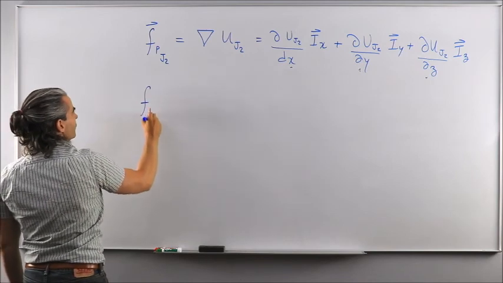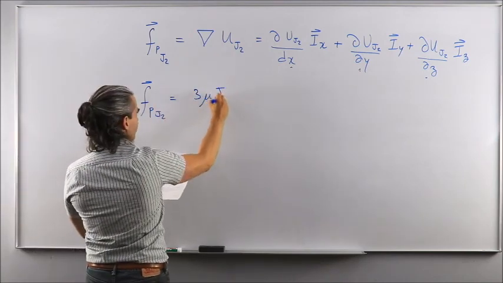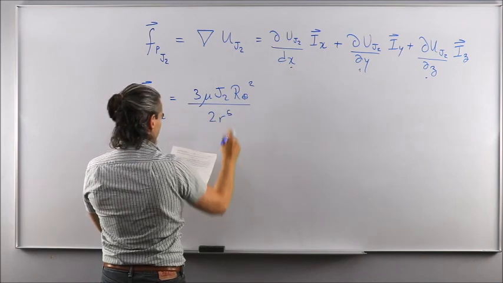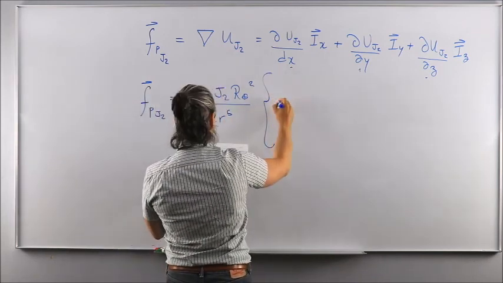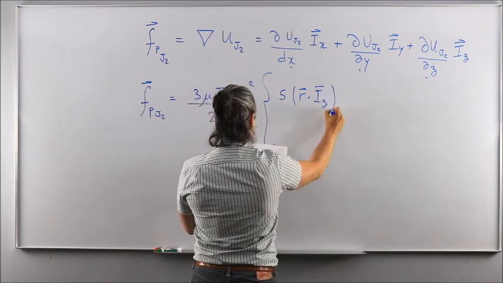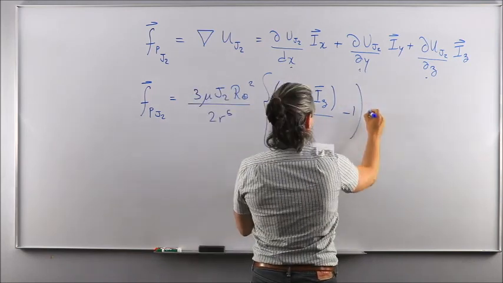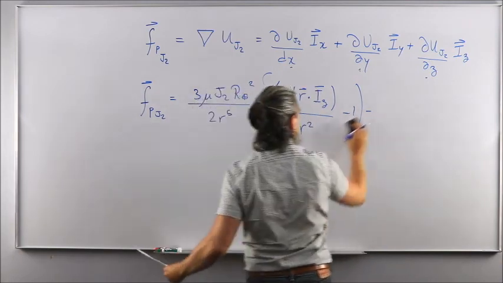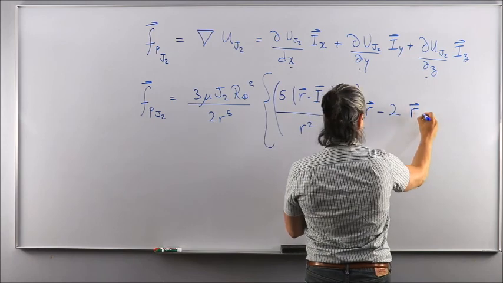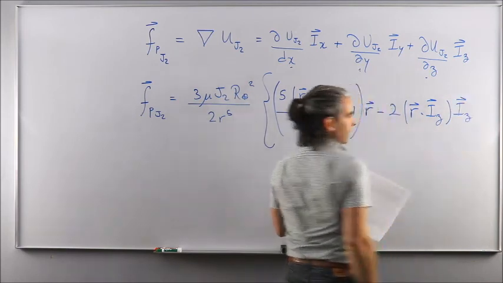And now that you've been able to solve it, let's compare with the answer I'm about to give you, which should be 3 mu J2 r Earth square over 2 r to the power 5, open the big bracket, 5 times r vector dot product Iz over r square minus 1, minus, this multiplies r vector, of course, and this minus 2 r vector dot product Iz, and this multiplies Iz like that.